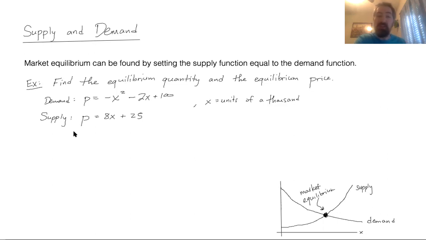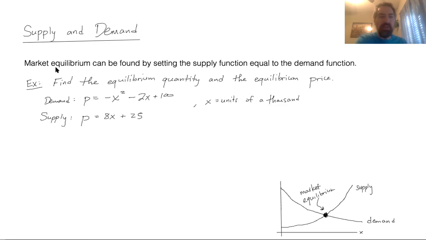We said that the supply function is the increasing function, and we would be able to look at this linear function, hopefully, and know that this is an increasing function because the slope is positive. And we know that the demand function is a decreasing function. Since this is a quadratic function, we know that the parabola opens down, meaning that's a decreasing function since a is negative, that x squared term is negative.